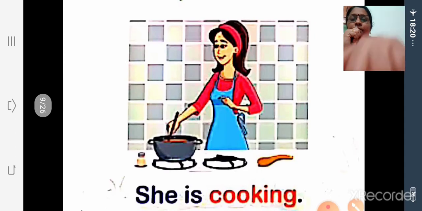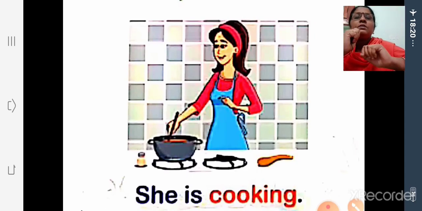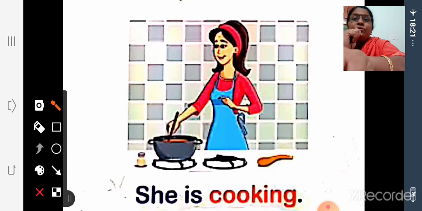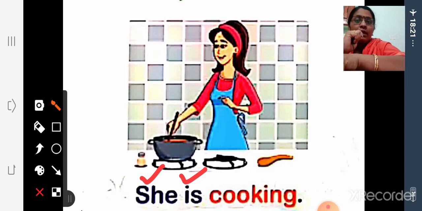Then look at these examples. Look at the sentence: She is cooking. What is she doing? She is cooking. Here we can see the subject is a singular pronoun, so we take is as the auxiliary verb, and cook plus ing, cooking.